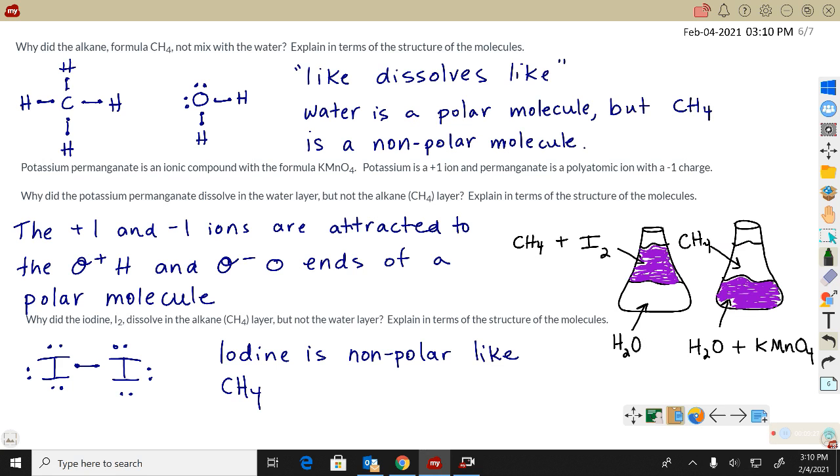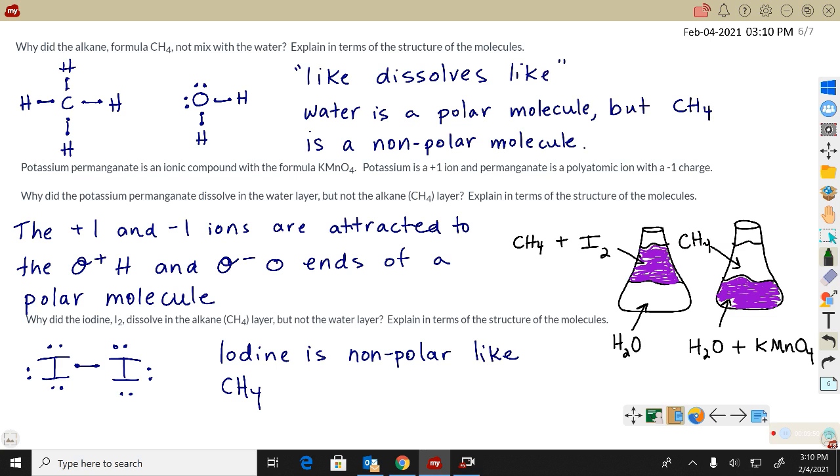Then we added some potassium permanganate, an ionic compound where potassium is a +1 ion and permanganate is a big polyatomic with a -1 charge. Why did the potassium permanganate dissolve in the water, but not the alkane CH4 layer? Explain in terms of the structure of the molecules.